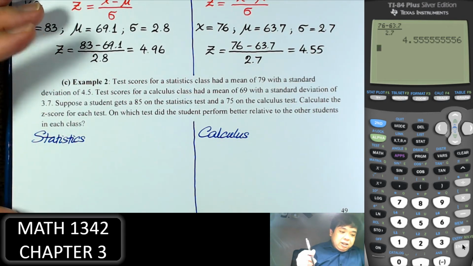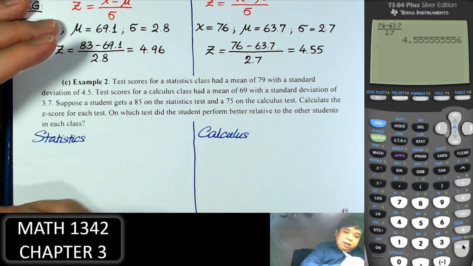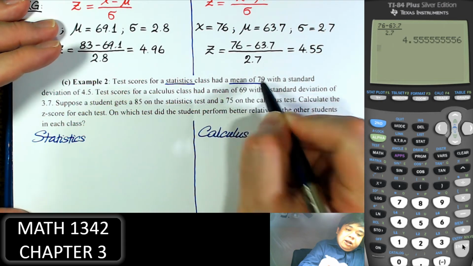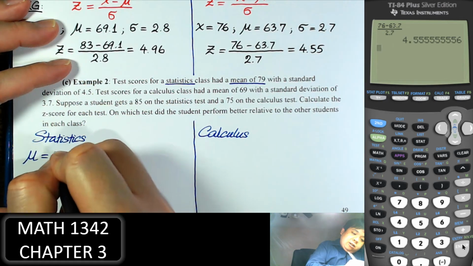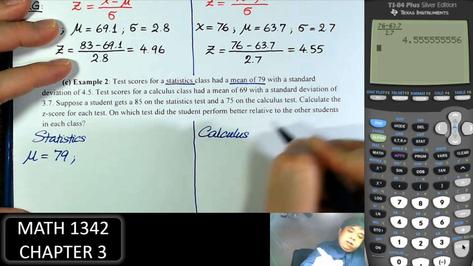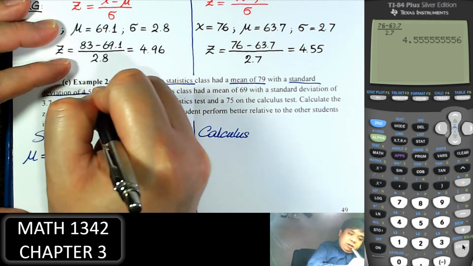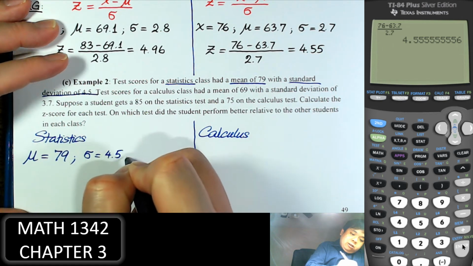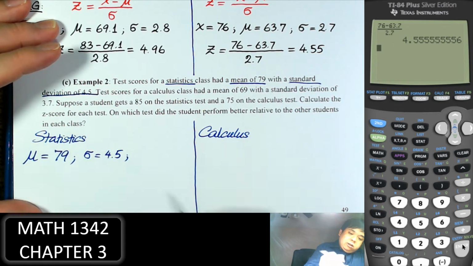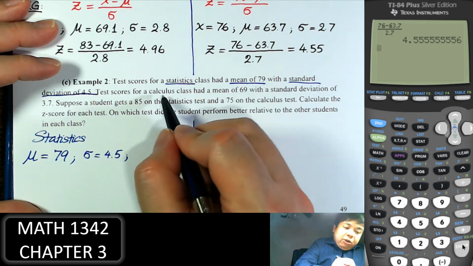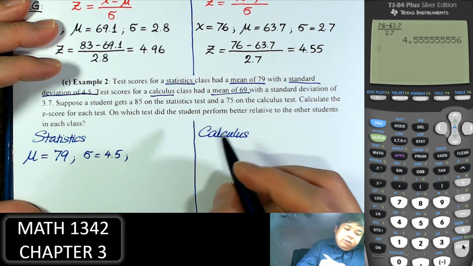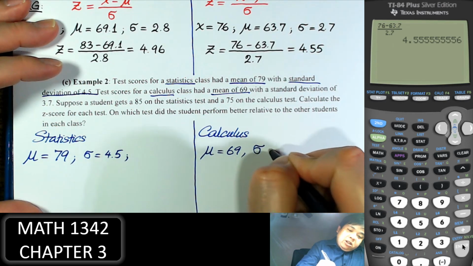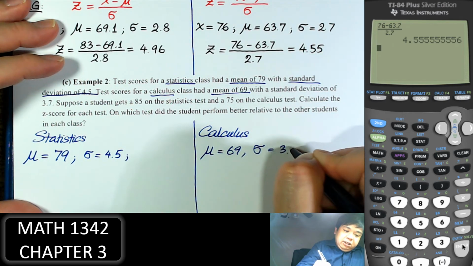For statistics, the mean of 79, standard deviation of 4.5. For calculus, the mean of 69, standard deviation of 3.7.